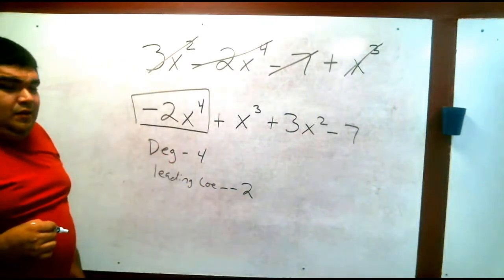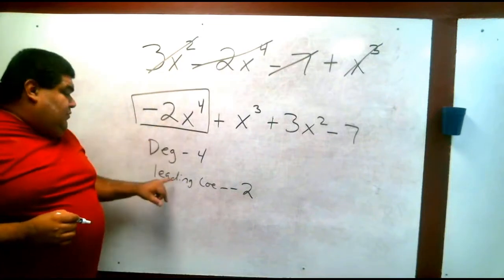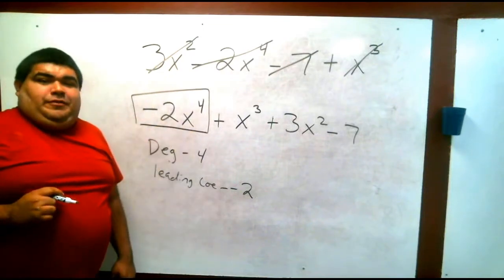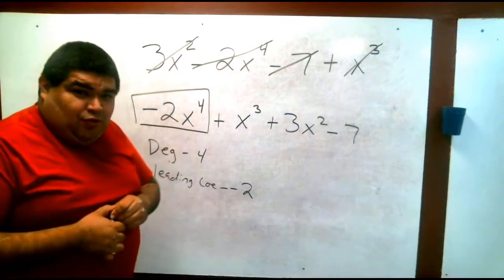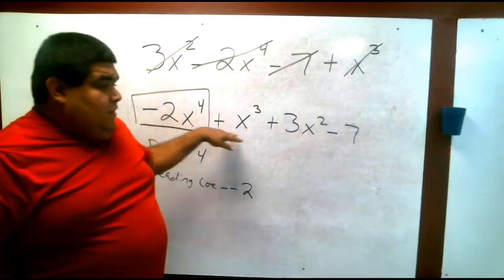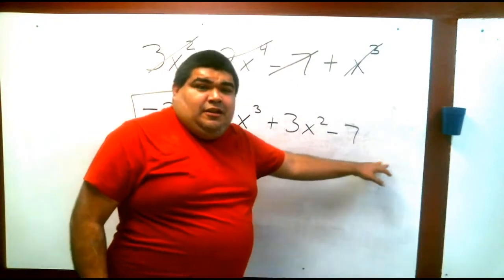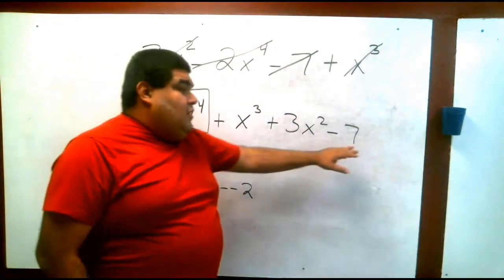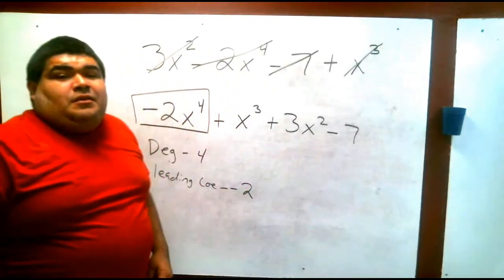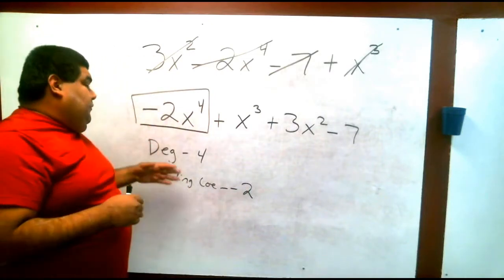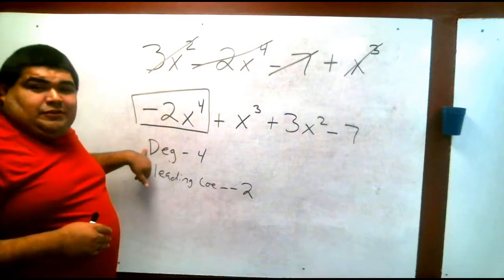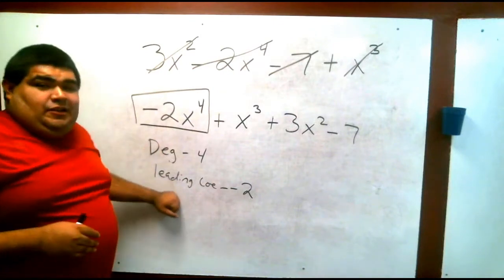So the leading coefficient is negative 2, and the highest degree is 4. That's all we're doing. All we have to do is put them in order from the biggest degree all the way to the constant. Make sure you start off with the biggest exponent first. Then you tell me what the biggest degree is and what the leading coefficient is.